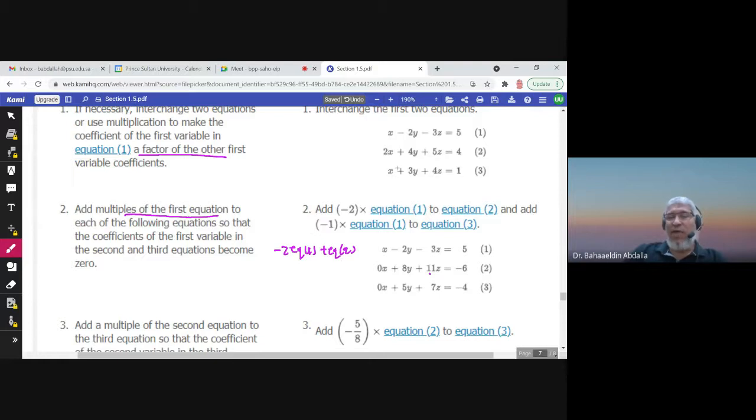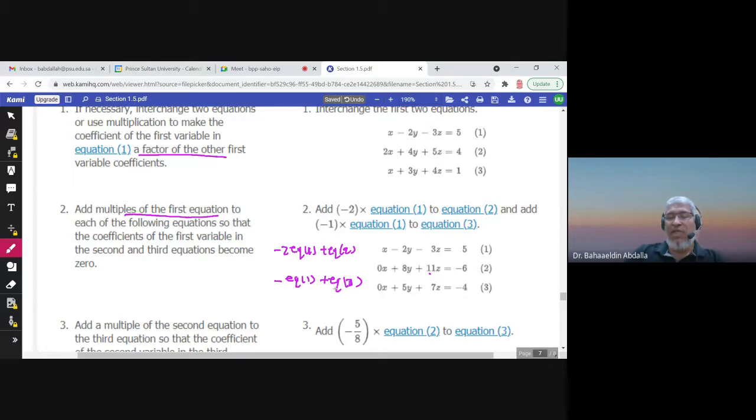Okay. Now, how to eliminate x from the third equation? I do the same. I use equation 1. So I multiply equation 1 by -1 in this case, because this is 1, this is 2, I needed -2, plus equation 3.